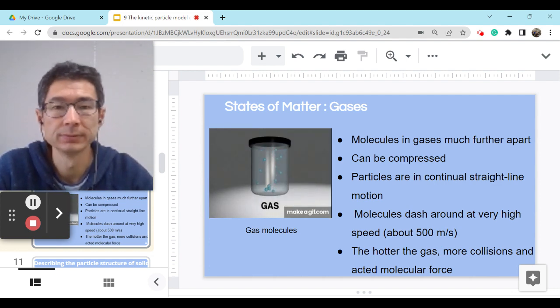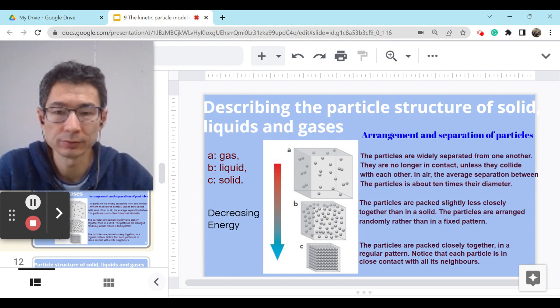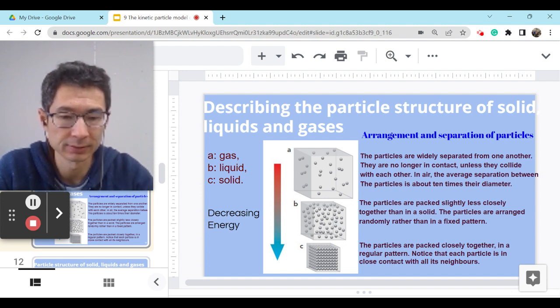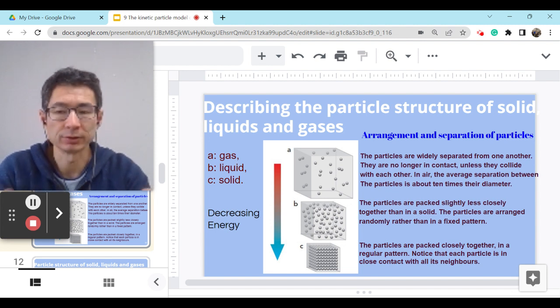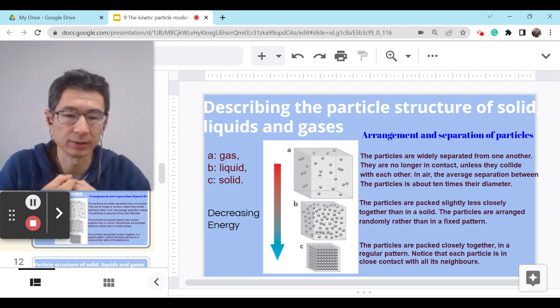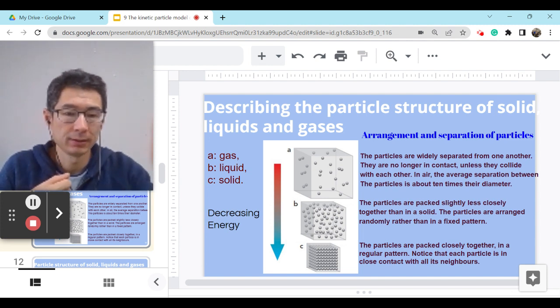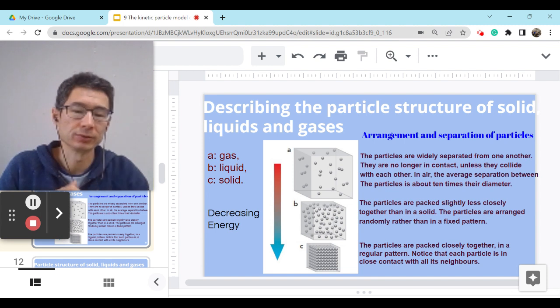So you can read through this. I'm sorry I put many descriptions in these slides, but the idea I wanted to explain is that when we cool down or take away the energy from the gas, it becomes a liquid, and further cooling will lead to a solid.